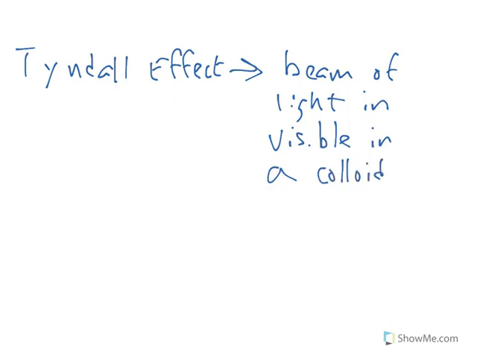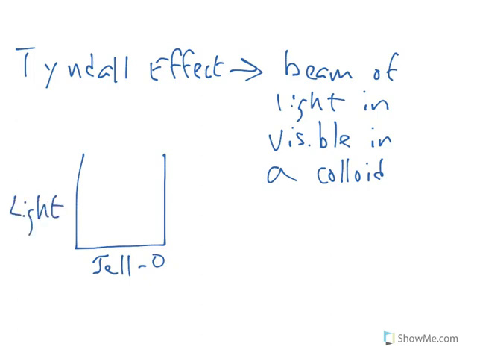So, for example, if you were to take Jello and have a light beam shining through, you would not see that light beam outside of the container, but inside the Jello, you would see that light beam actually being reflected. So that's something you can try at home. You can certainly do that with fog.